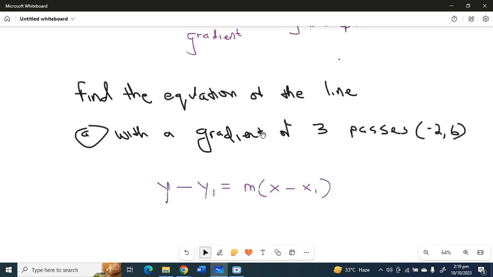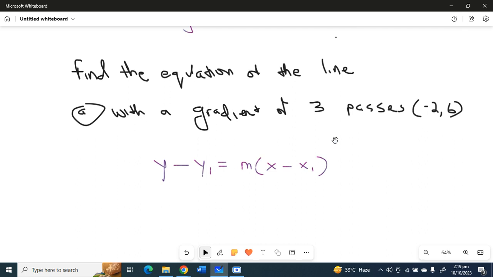All right, so we have our gradient of 3, so we're going to replace m with 3. We look at our point. Our x1 is -2 and our y1 is 6.